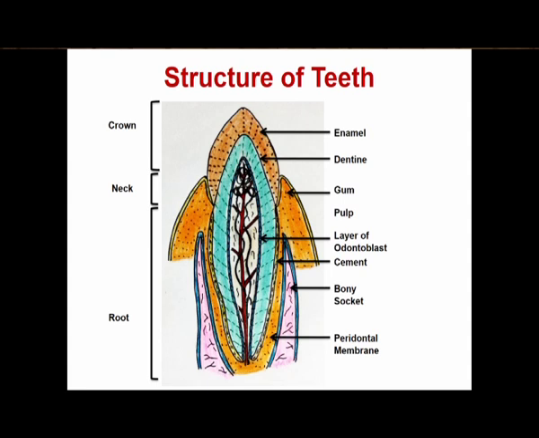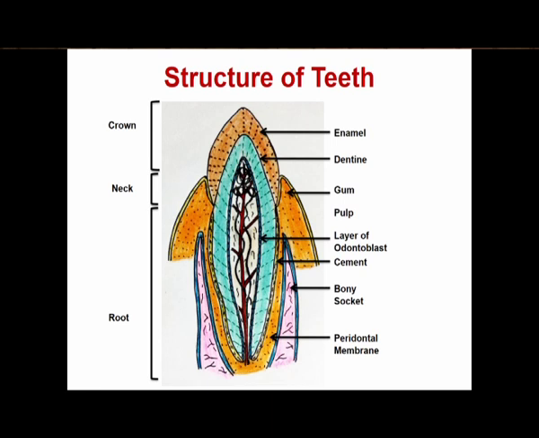Dentine is the hard material present in the center of the tooth, and dentine is secreted by the odontoblasts. The dentine is covered by a white and shiny material in the crown area, and that is called enamel, and enamel is the hardest material present in the human body.